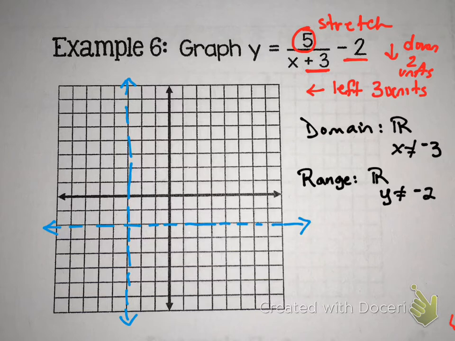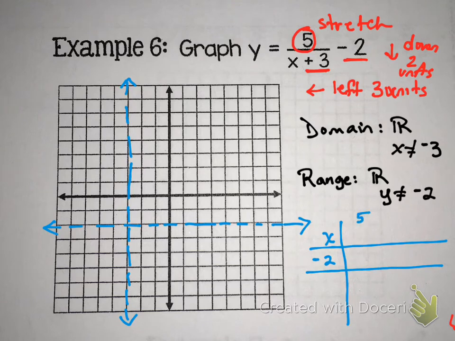So 5/(x+3) minus 2 is 5/1, which is 5, minus 2 is 3. So we're going to plot that point at -2, 3 right here.